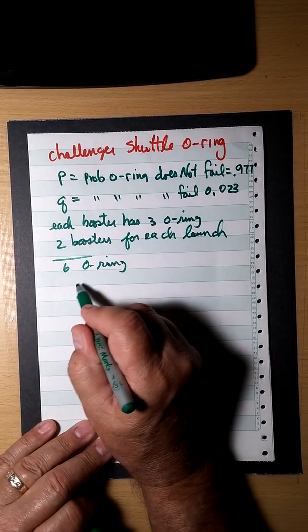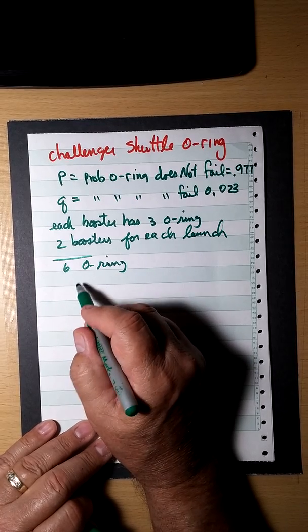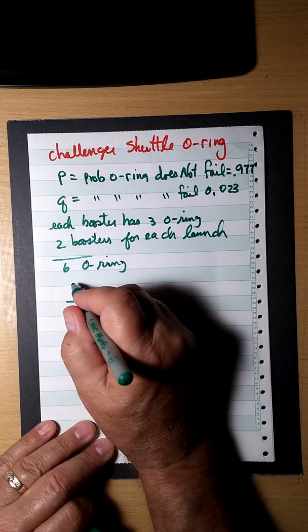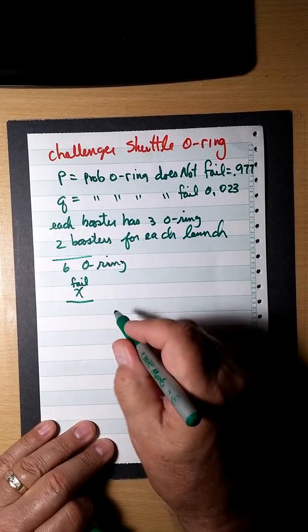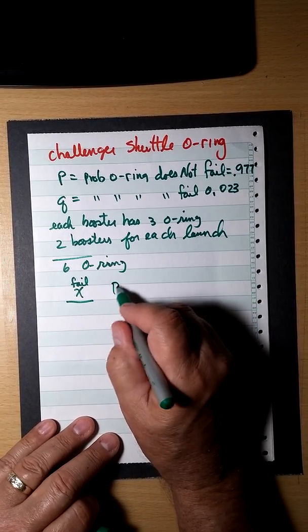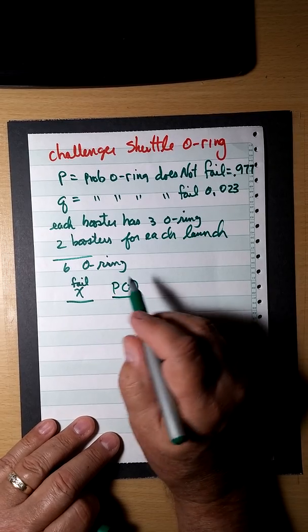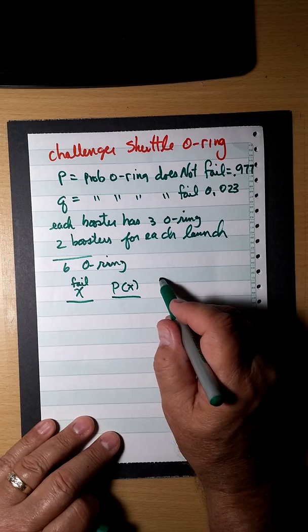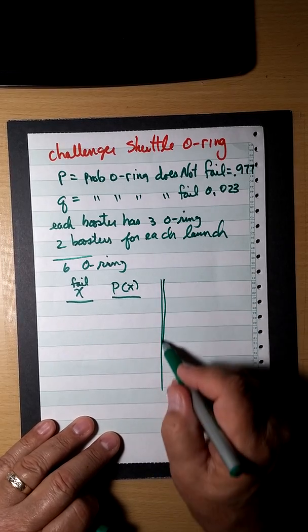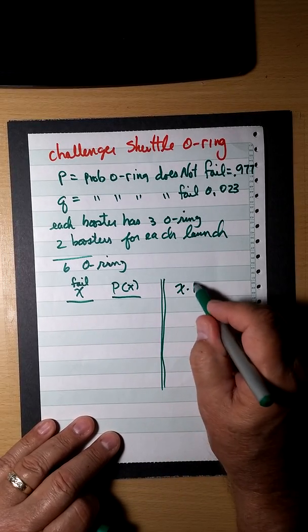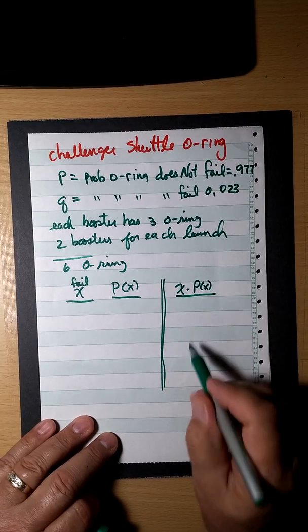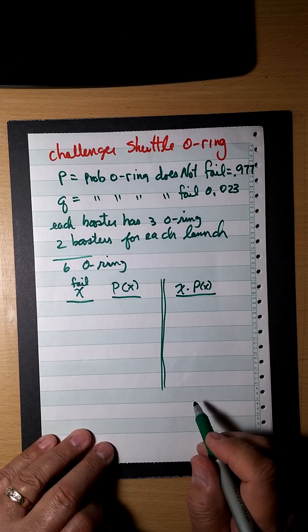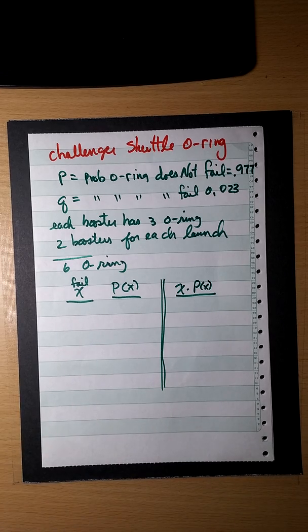So we're going to look at the X, the number of O-rings that fail. Okay, and then there'll be the P of X, the probability that it will fail. And then we'll look at the product, X times P of X. And when we add all those up, that'll be the expected value, or the expected number that would fail.